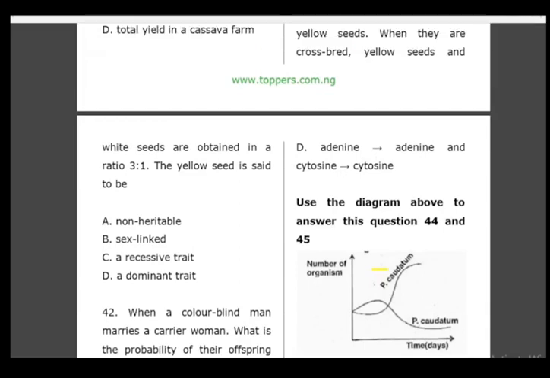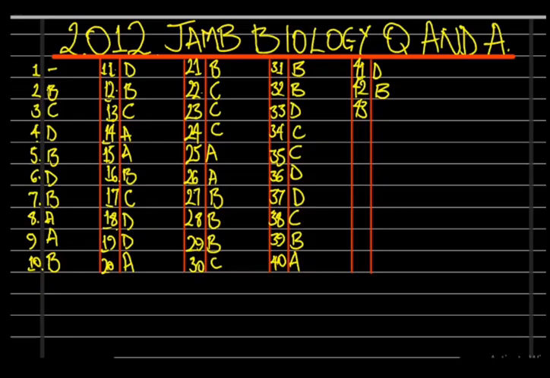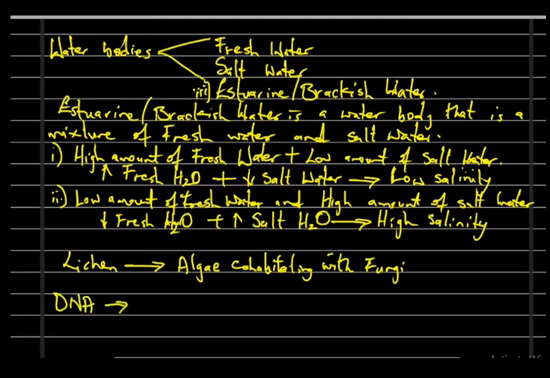Now when we look at this, the base pairs of DNA and RNA, let's quickly see what the base pairs look like. DNA has its base pairs to be adenine, thymine, cytosine as well as the guanine.